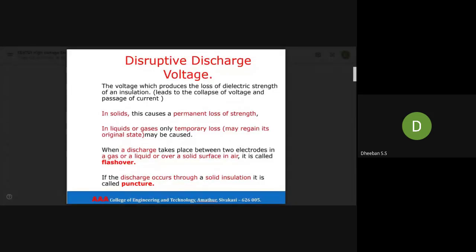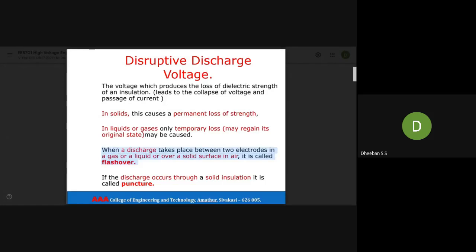So generally, when a discharge takes place between two electrodes, either in a gas or a liquid or over a solid surface, it is called a flashover. Okay, so this is the definition of flashover.